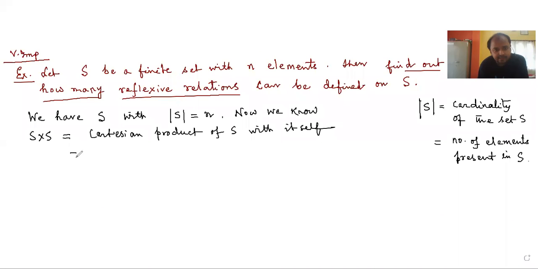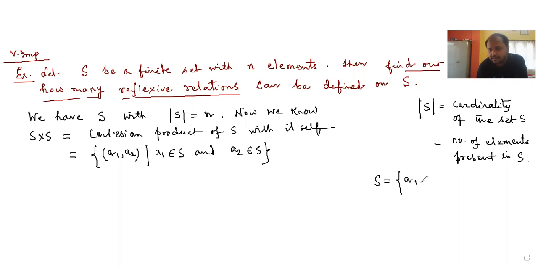It is the collection of ordered pairs of the form (a1, a2) such that a1 belongs to S and a2 belongs to S. Since S contains n elements, let us choose the elements without any loss of generality as a1, a2, up to an.